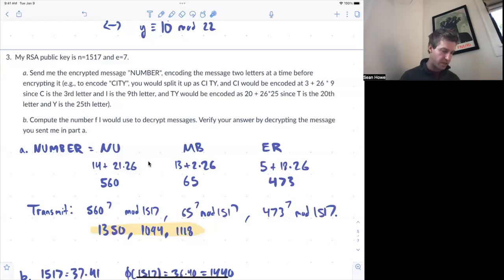So let me point out 2 things. If there's a problem about RSA, then instead of encoding 2 letters at a time, you'll just encode 1 letter at a time. So you'll only get a number between 1 and 26. And then this N will be a lot smaller, probably a high 2-digit or a low 3-digit number.